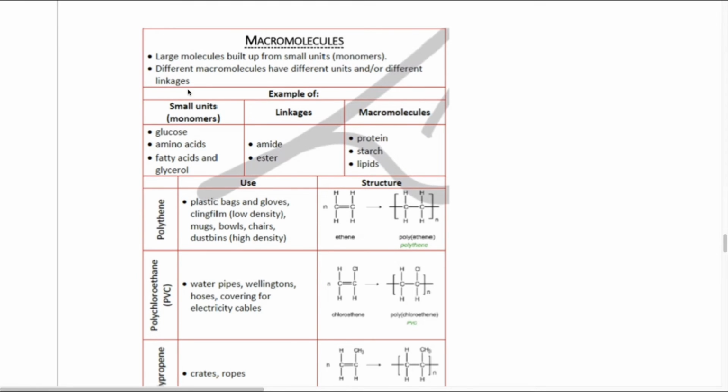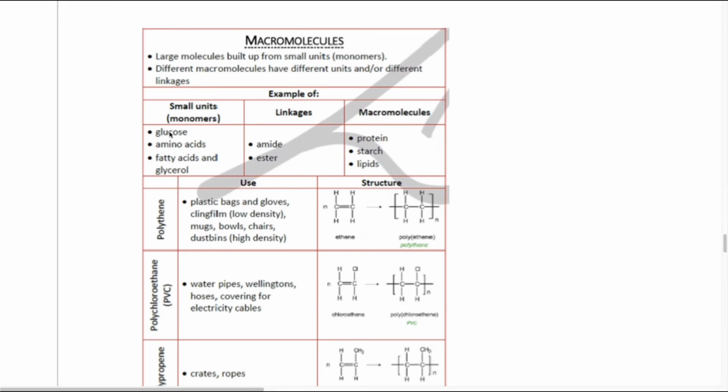So for example, the monomers glucose, amino acid, fatty acid, and glycerol. Seems like biology. Glucose, when they join up, forms starch. Amino acids join up to form protein. Fatty acid and glycerol join up to form lipids, or oil. Okay, so that is the macromolecules.